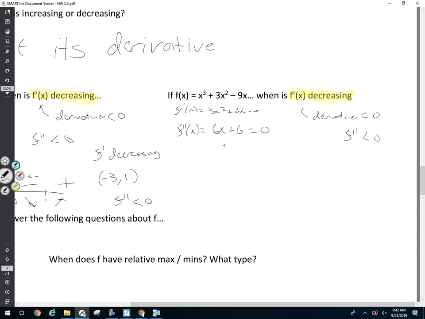How do you figure out when something's negative? First, set it equal to 0. Once you find the zeros, you can do analysis of the signs around the zeros. If I plug in something like 0, it's positive. Something like negative 2, it'll be negative. That means f prime is decreasing, then increasing. So f prime is decreasing for x less than negative 1. Why? Because f double prime is negative.